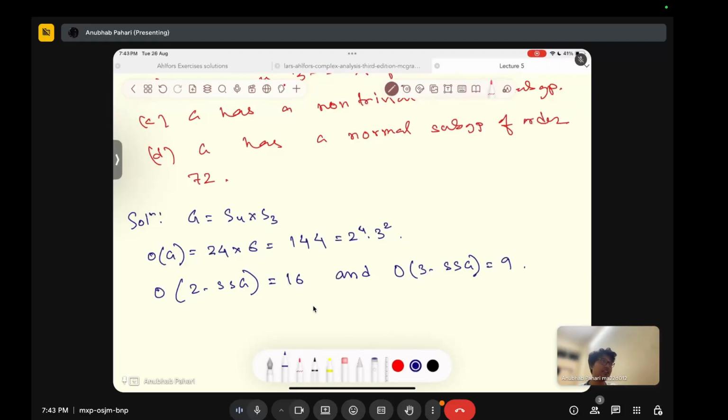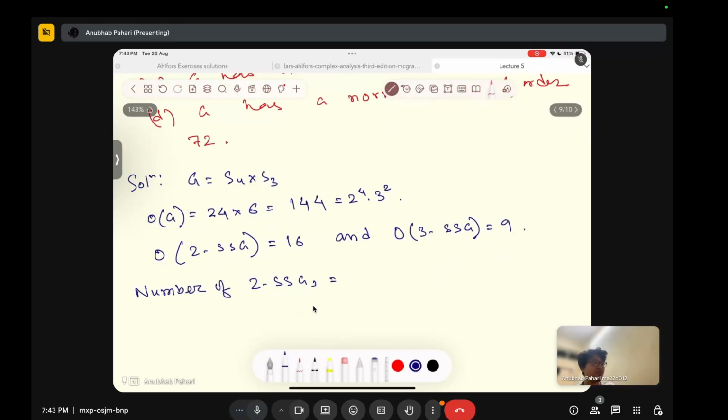Generally, the number of 2-Sylow subgroups equals 1 plus 2k dividing n, so 0, 1, 2 equals, it should be 1, 3, 9.